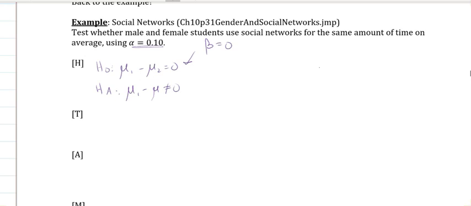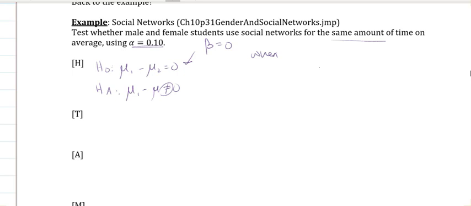The alternative, we want to know if they use social networks for the same amount of time or not. And so we don't care who uses social networks more or who uses social networks less. We just want to know if there's a difference. So that's why we're going to make this a two-tailed test. And again, like we saw when we first identified our hypotheses, we're going to define our two population means. And we can do this in one sentence.